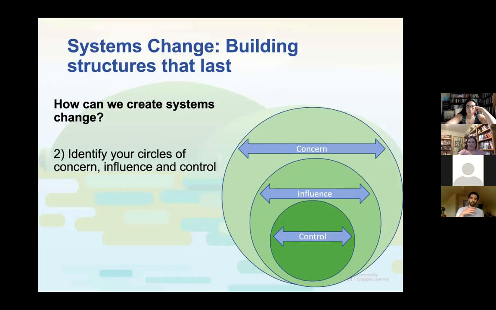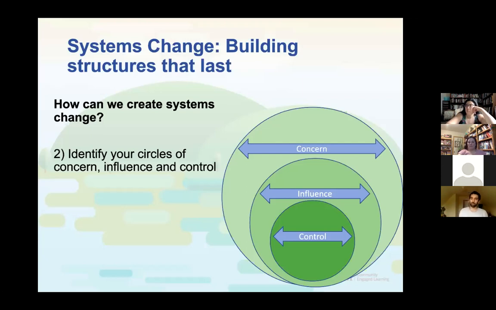As you can see here in the graphic, the circle of concern refers to the things that are in our universe, like in our work context, the things that affect us and impact us and our partners and the work that we do together.